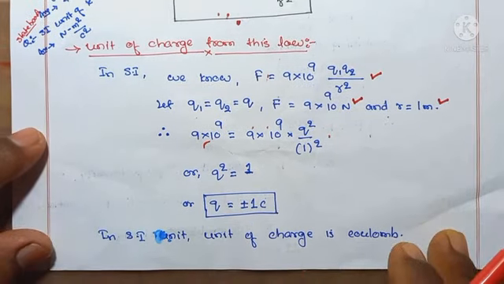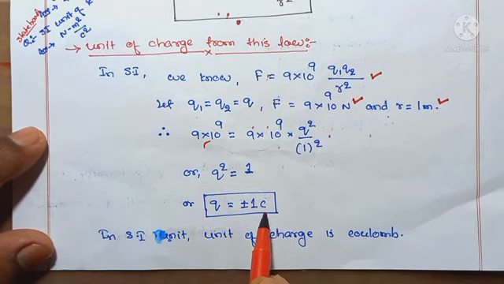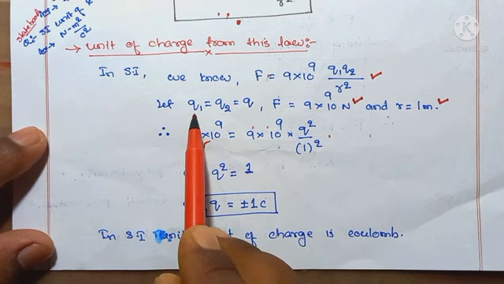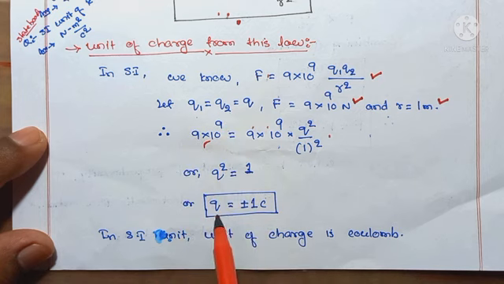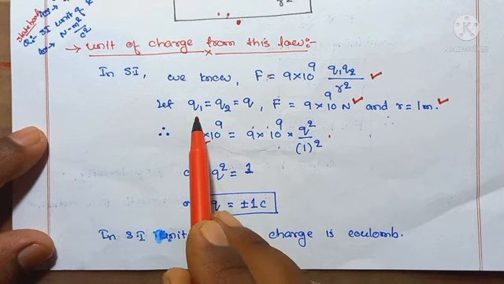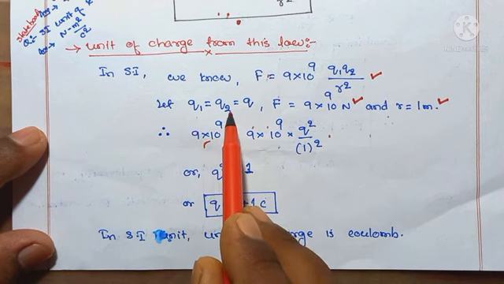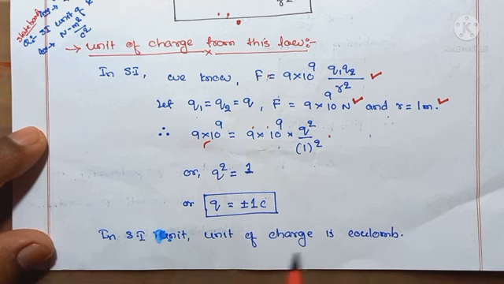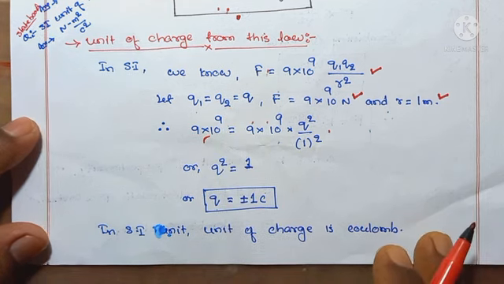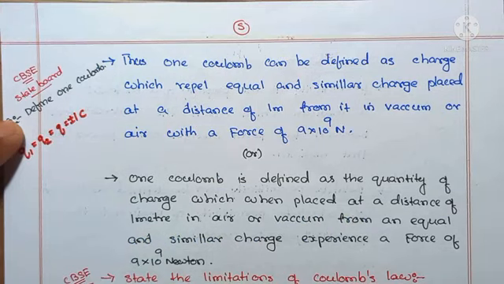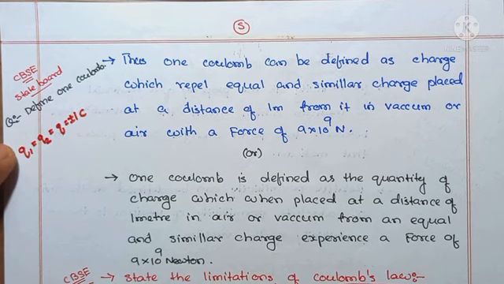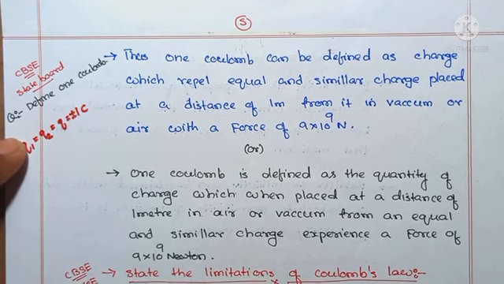Okay, so when q is equal to 1 coulomb, q1 is also 1 coulomb, q2 also 1 coulomb, or when q is equal to minus 1 coulomb, Q1 is minus 1 coulomb, Q2 also minus 1 coulomb. So the SI unit of charge is coulomb. So now we get Q is equal to plus minus 1 coulomb.